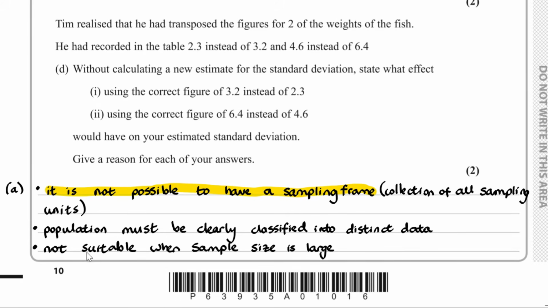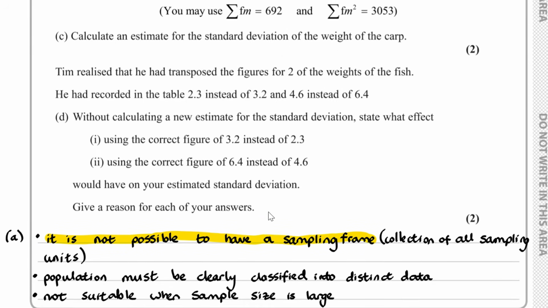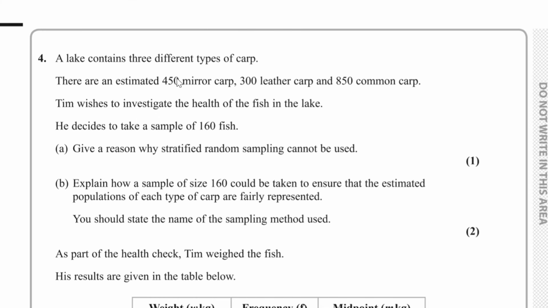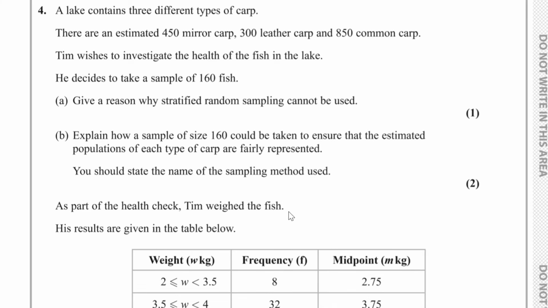Another disadvantage, it's not suitable when the sample size is large. But in the context of this question, we don't have a collection of all sampling units for this particular context.